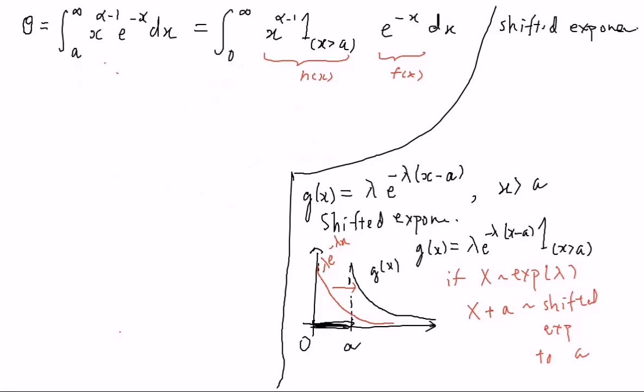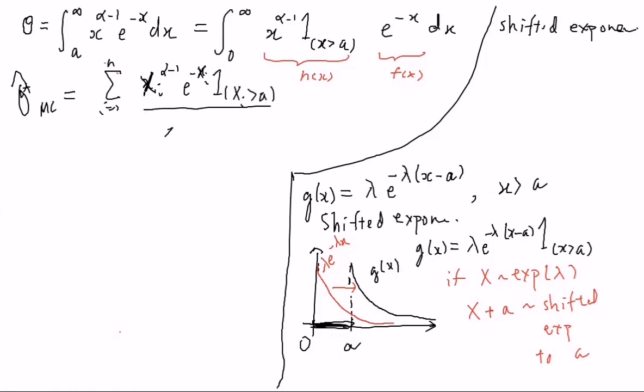Our Monte Carlo estimator using importance sampling would be the following. h(x)f(x) will be this one, and I just put the indicator function at the back here, over g(x).